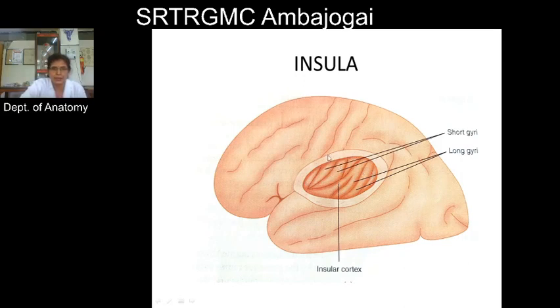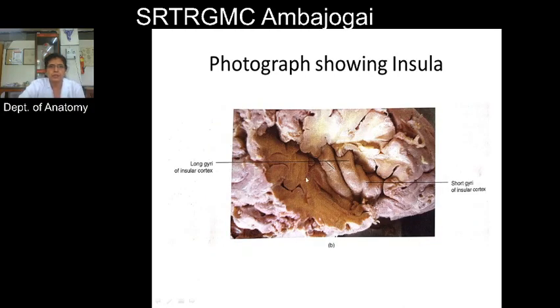It is surrounded by this circular sulcus, and this insular cortex presents short and long gyri. This photograph shows the insular cortex hidden at the depth of the posterior ramus of lateral sulcus. The adjacent parts of the cerebrum are removed, and this is the insular cortex.